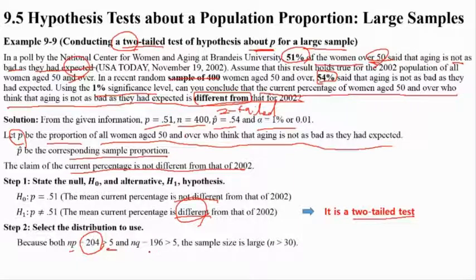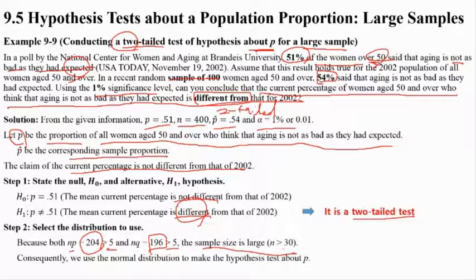And Q also: 400 times 0.49 is 196, which is greater than 5. So the sample size is large, and they already mentioned the normal distribution for the hypothesis test of P. So step 1 is the hypothesis, and step 2 is the decision.